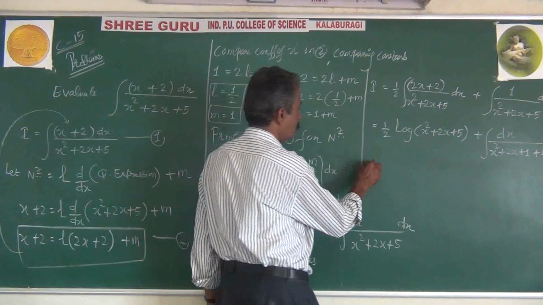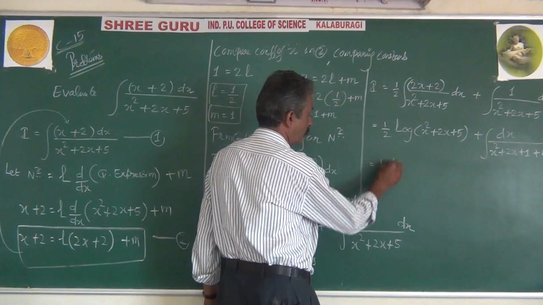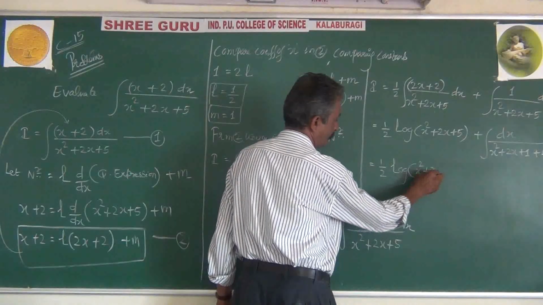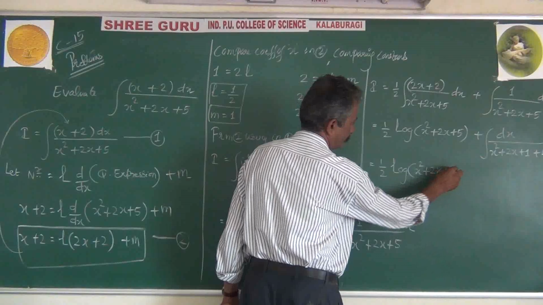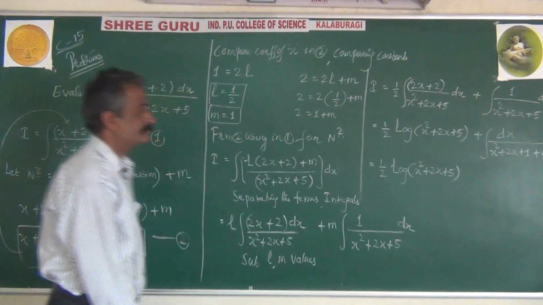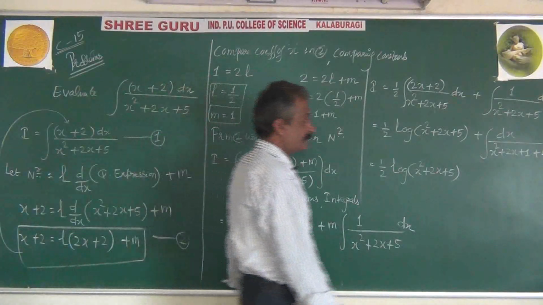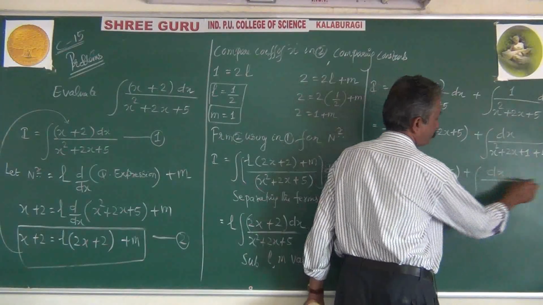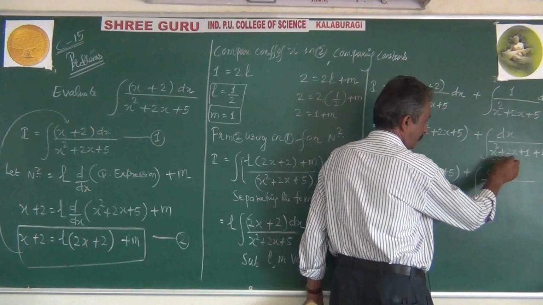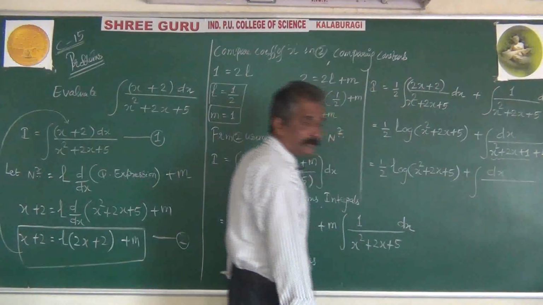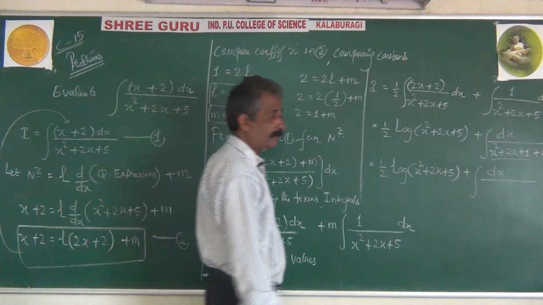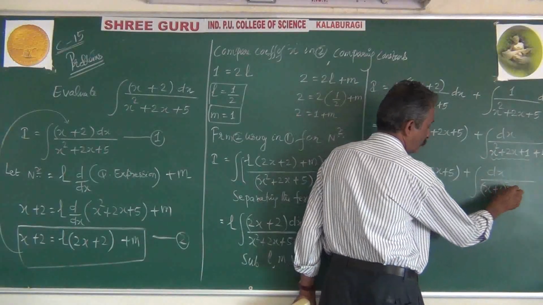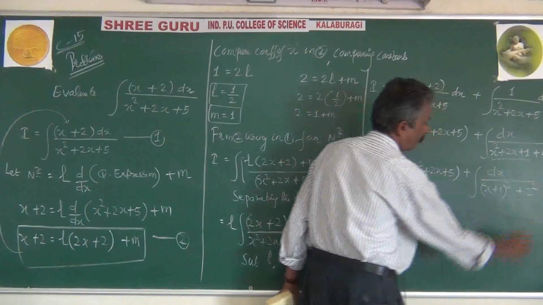That equals 1 by 2 log of x square plus 2x plus 5, which remains unchanged, plus integration dx divided by x square plus 2x plus 1, which is x plus 1 whole square, and at the same time 4 is written as 2 square.